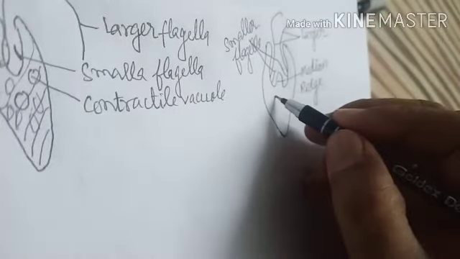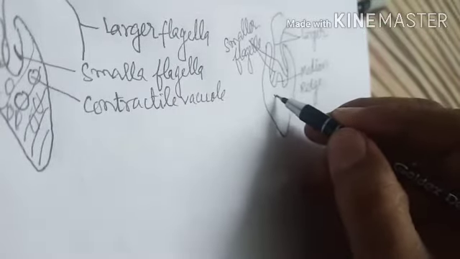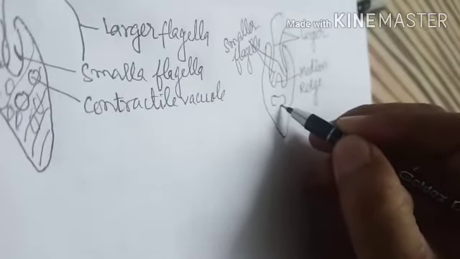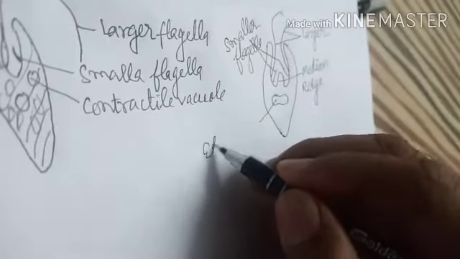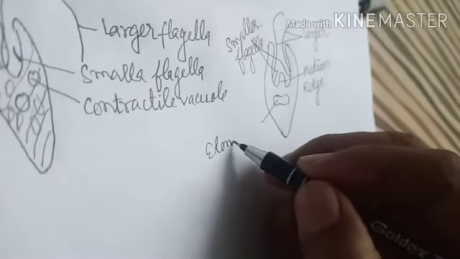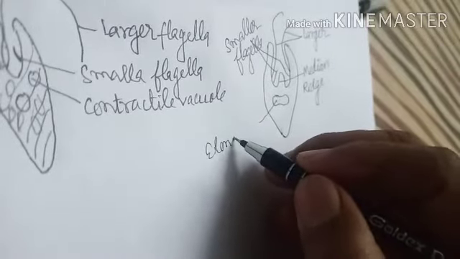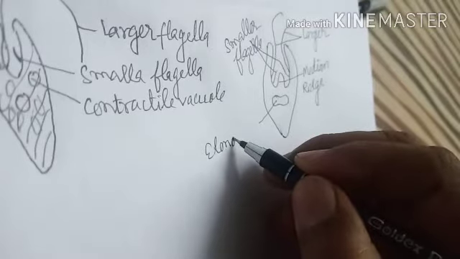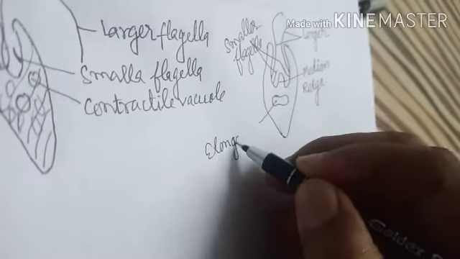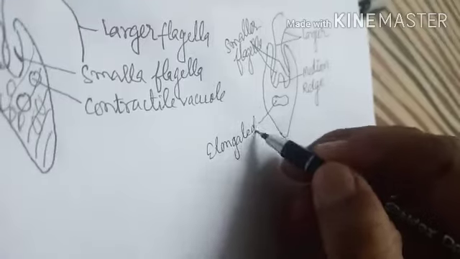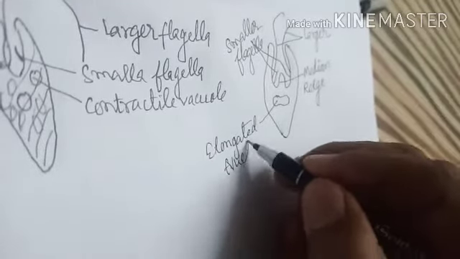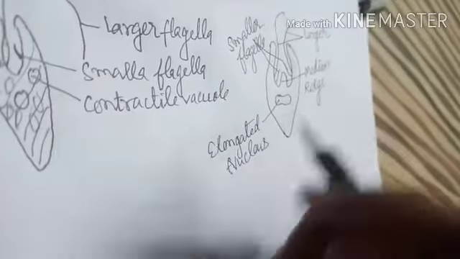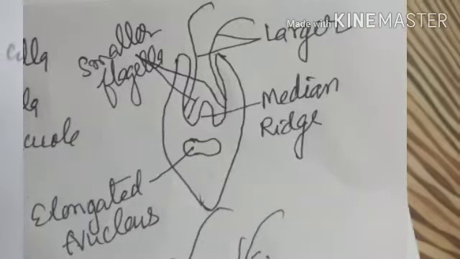The nucleus of this euglena elongates. This one is the nucleus.